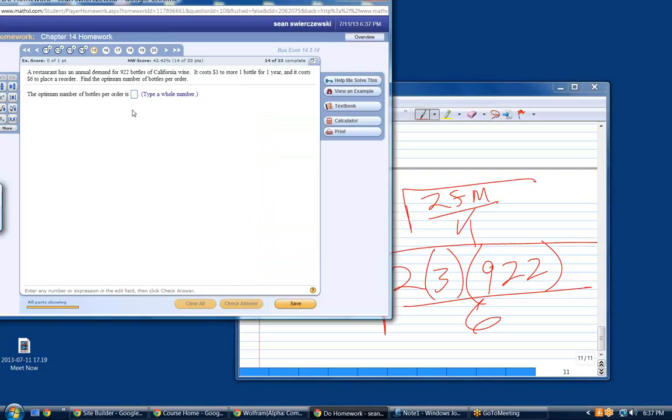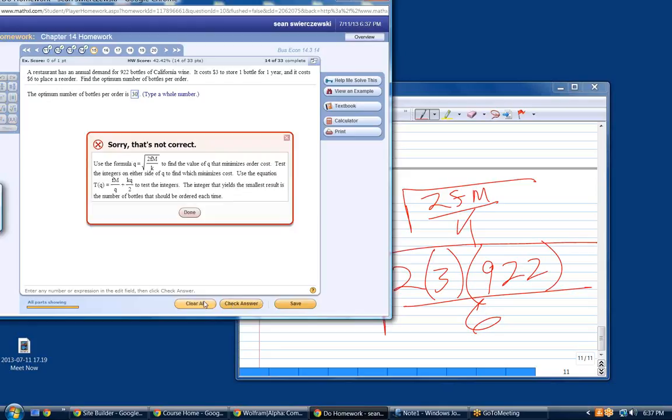That's 922. Seriously? Oh, it's the square root of 920. Oh, yeah. Which is 30.36. So we'll try 30.